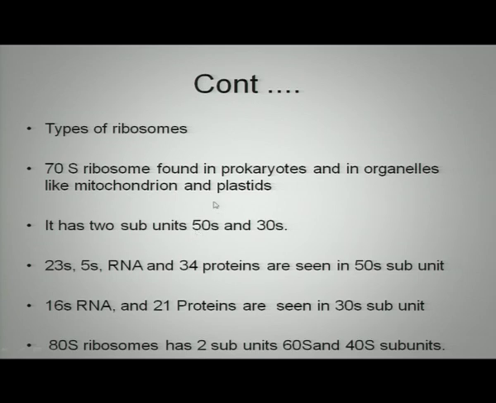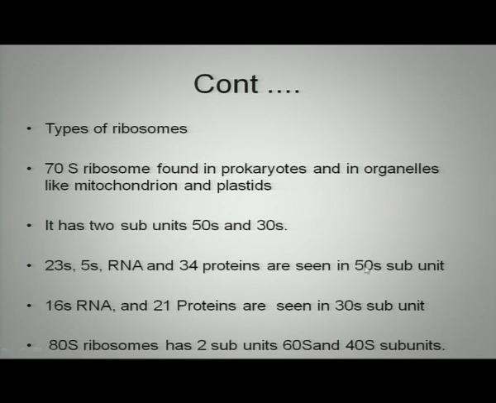Each ribosome has two subunits. Here the subunits of a 70S ribosome are 50S and 30S. What is this S? S stands for Svedberg unit or sedimentation coefficient.